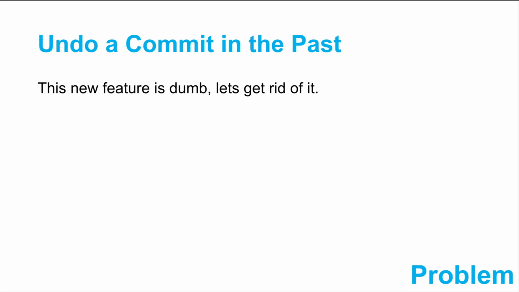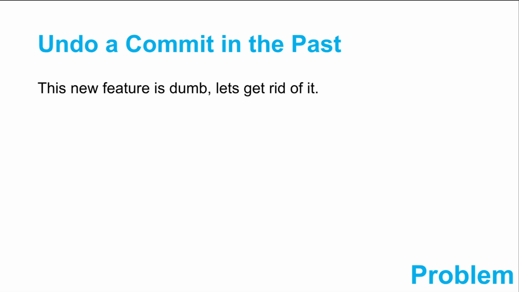All right. So maybe it's not just a file, but an entire feature was bad. How do you fix that? Well, provided that you squashed everything properly into one commit per feature or feature change, it's pretty easy.